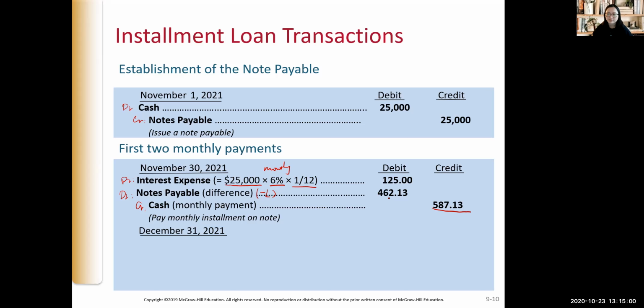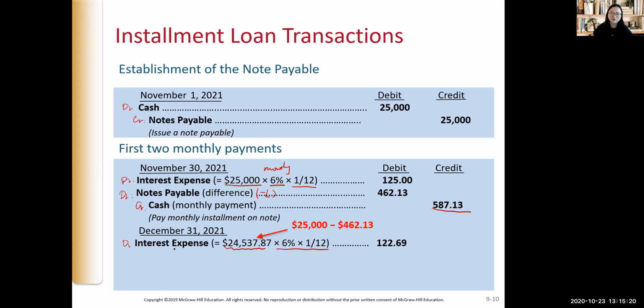decrease by $462. So in the second month, the interest is generated based on $25,000 minus $462, right? It's the new carrying value multiplied by the same interest rate, which is 0.5%.